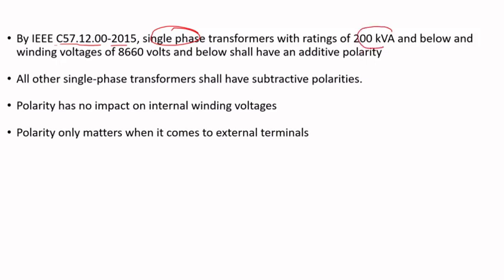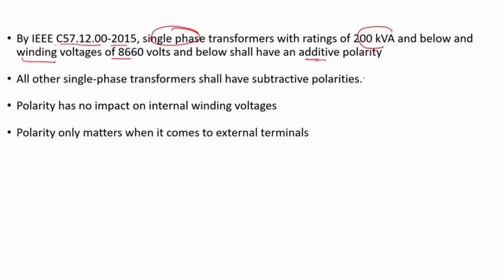and below, and the winding voltage, 8,660 volts and below, those they have to be additive. It's just a standard.